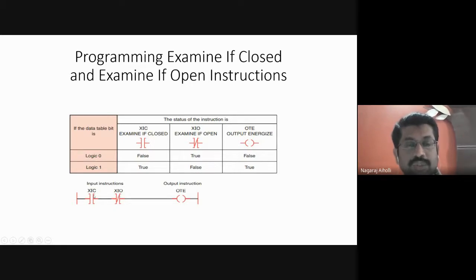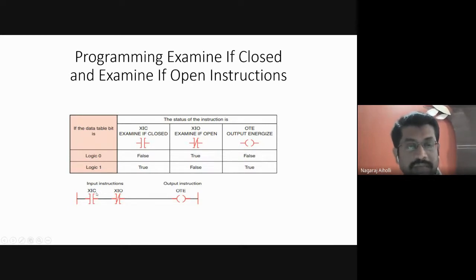Here, if XIC is true and XIO is false, then the rung will become true. If XIC is false and XIO is also false, then the rung will not become true. There are 4 possibilities here. One is XIC 1, XIO 0. For that state, output is true. If XIC is 0 and XIO is 1, not of 1 is 0, so 0 and 0 is 0, output is false.